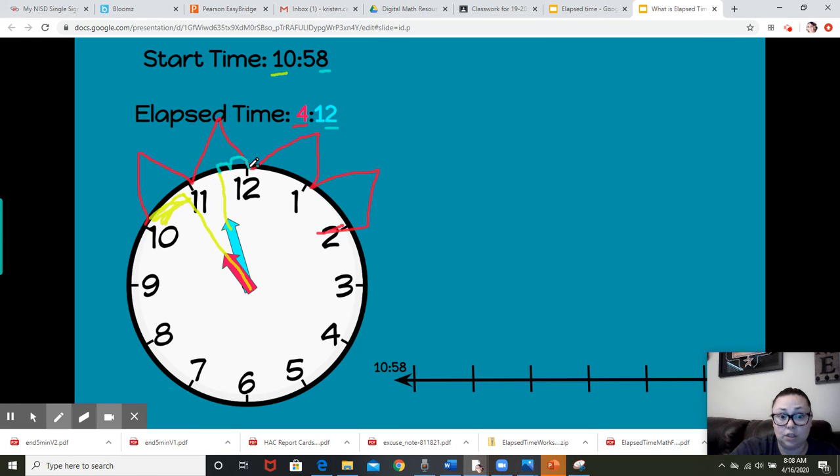So that brings us to 12, which I guess would bring us to 3, really. And then add 10. So 5, 10. Okay. So that would put us at 3:10.